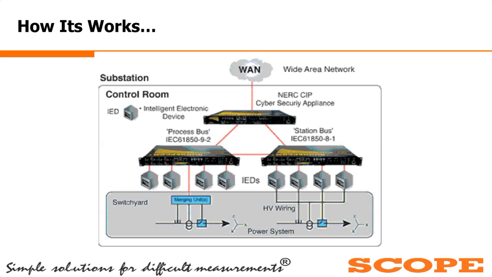As I already showed, in the typical architecture of a digital substation, the process bus and station bus data are communicated to a local SCADA or a remote SCADA. Nowadays we are moving away from the conventional method of monitoring and controlling parameters, be it a substation or a plant.